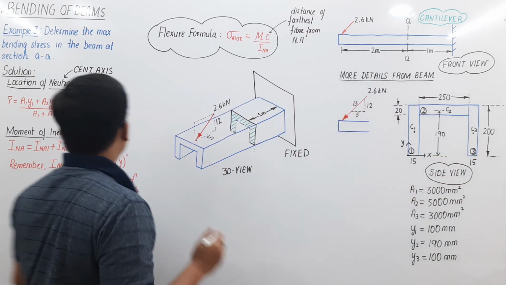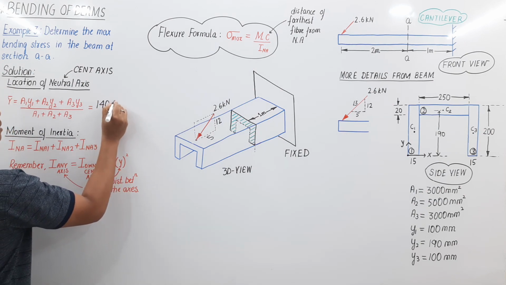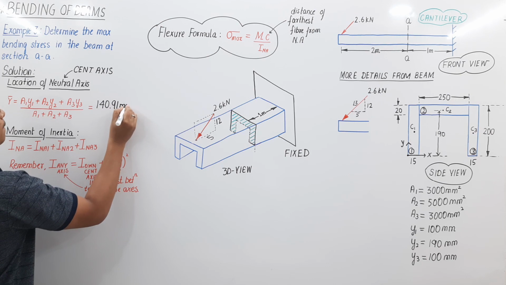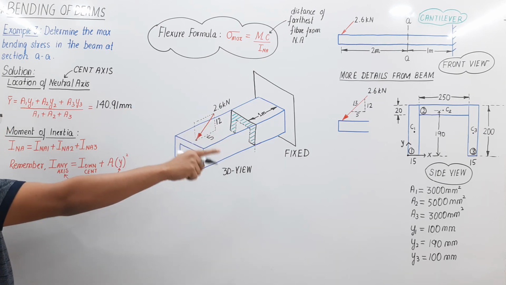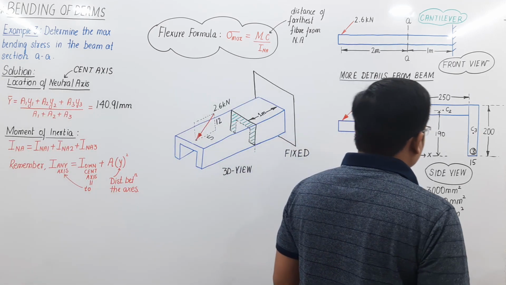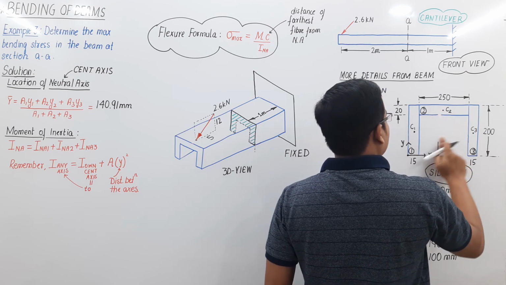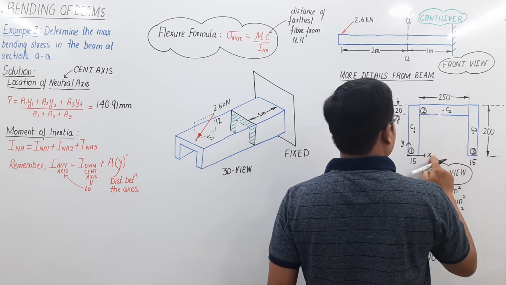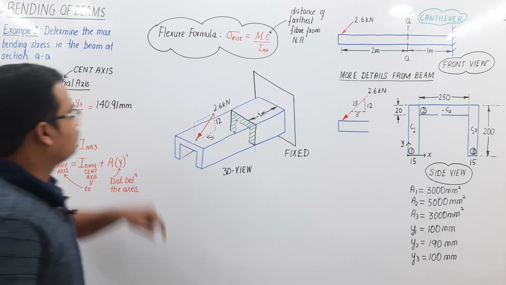Here we go, 140.91 millimeters. Now you can also fix that up over there. Let me fix it. So the neutral axis lies at a distance of 140.91 from the base.